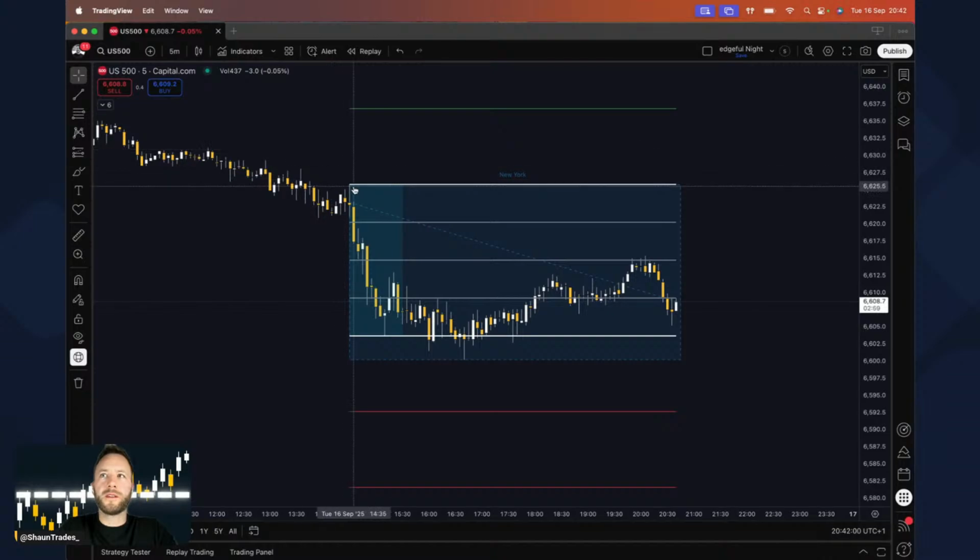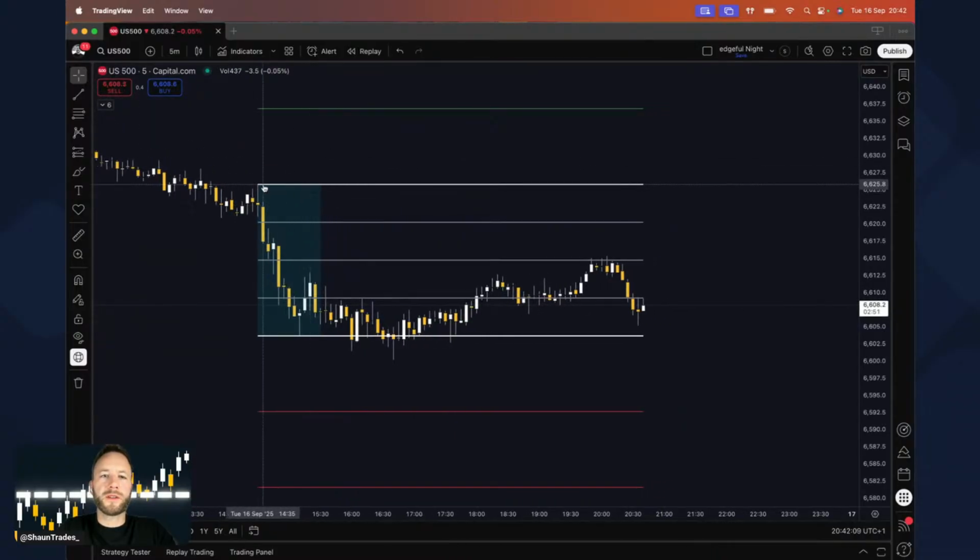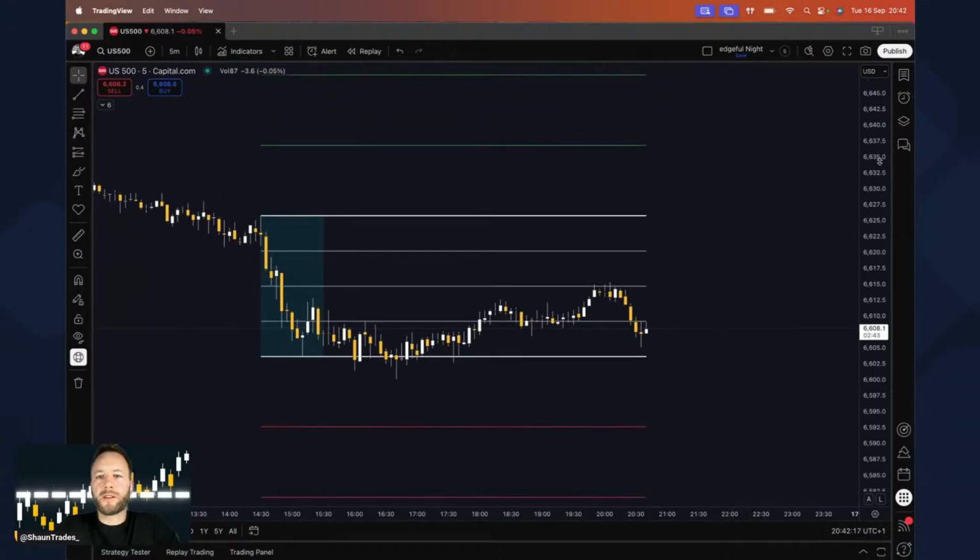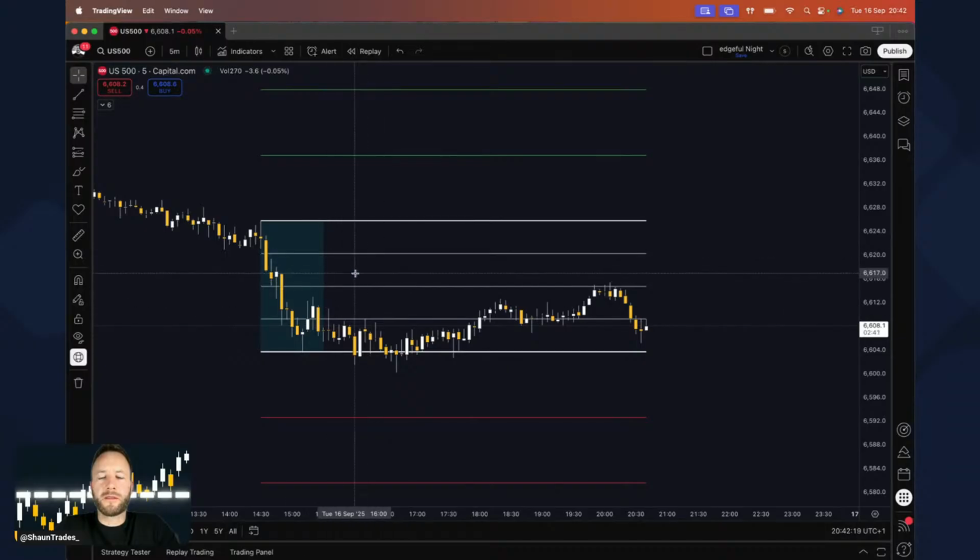What this does is, in the first hour of trading, it creates a box. I am just going to get rid of the market sessions. It creates this box, and it's a different box every day because every day is different in the first hour. Then it creates levels within the box.